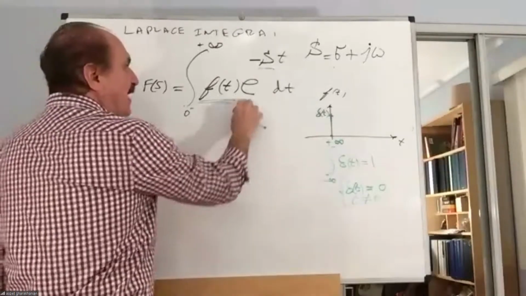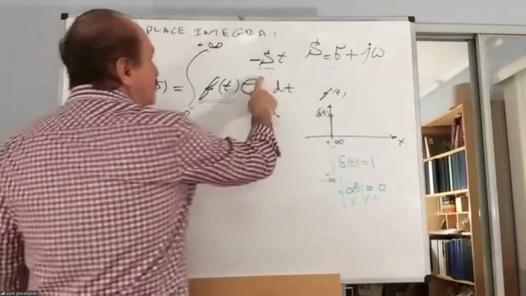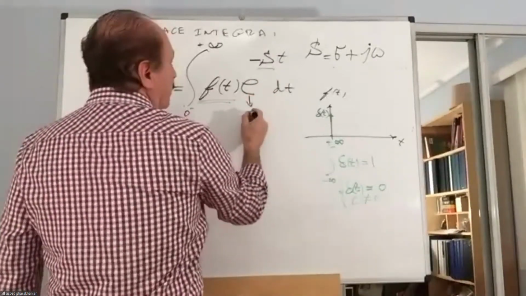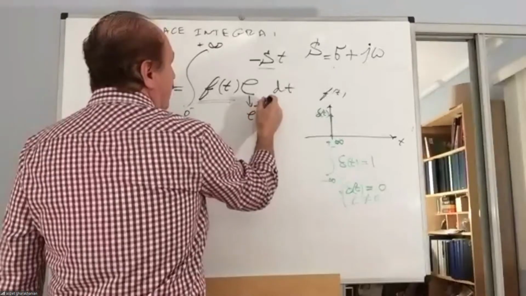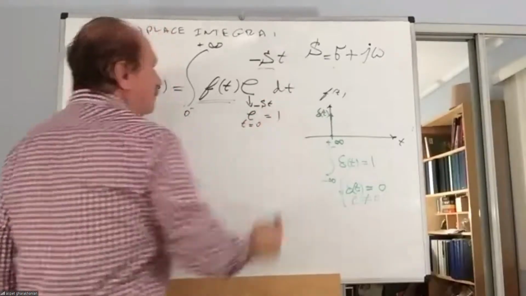So we're going to evaluate the exponent at time t equal to 0. So at time t equal to 0, this exponent here, e to the power minus st, will end up to be 1.